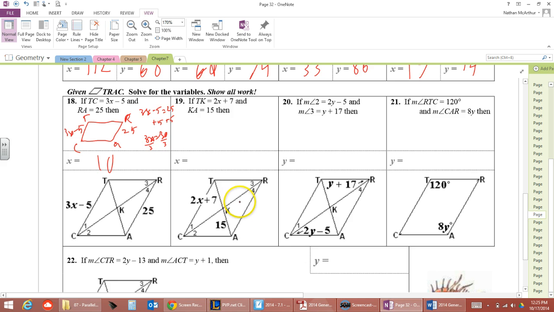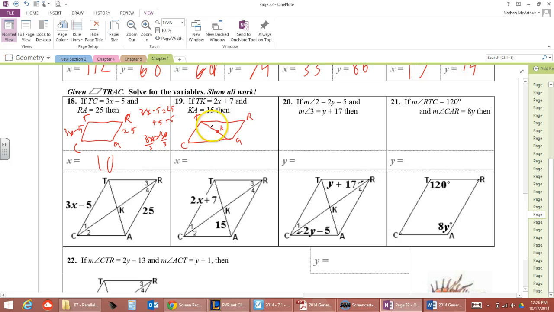Oh, there's my pen doing something crazy. If TK is equal to 2x plus 7, and KA is equal to 15, then what? Again, we're going to draw this picture. T, R, A. I didn't tell you where K was, but if you notice that T to K and then K to A, there's got to be some point K here in the middle, in between T and A, right?